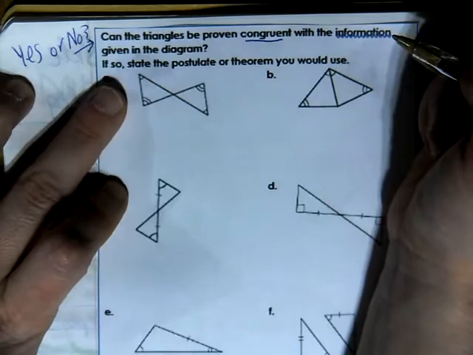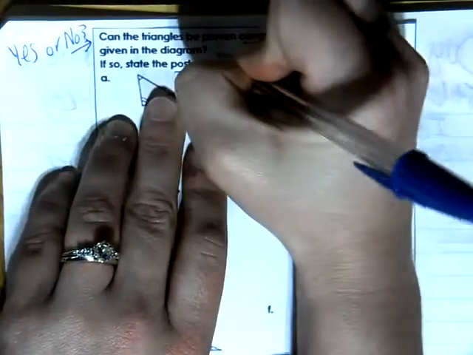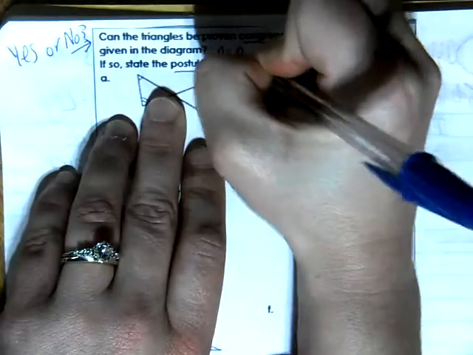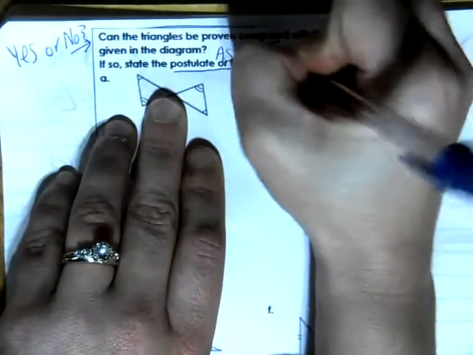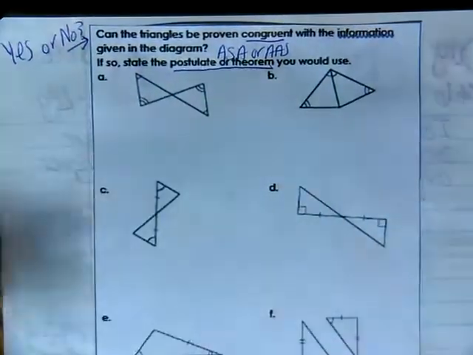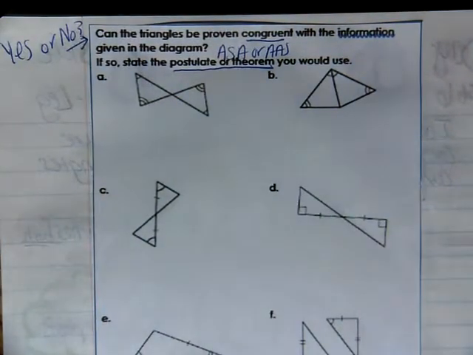And if yes, then state the postulate or theorem, which means it's going to be angle, side, angle, or angle, angle, side that you would use. So tell me what you would use. And we're going to have to mark up our picture and really pay attention for vertical angles, reflexive property of congruence, etc. So let's go ahead and look at letter A.